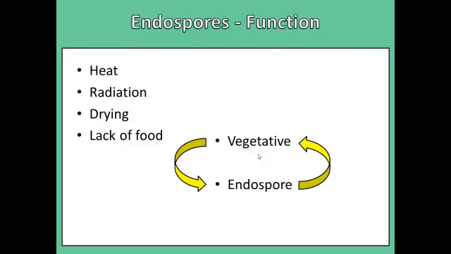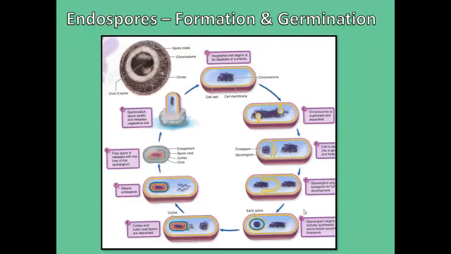Endospores are not reproductive. One vegetative cell makes one endospore, which makes one vegetative bacterium. To be reproductive, you have to have more cells afterwards than what you started out with. Here's a lovely diagram from the book showing the formation of endospores and their germination. The main thing that I want you to get from this is one endospore forms one vegetative cell.